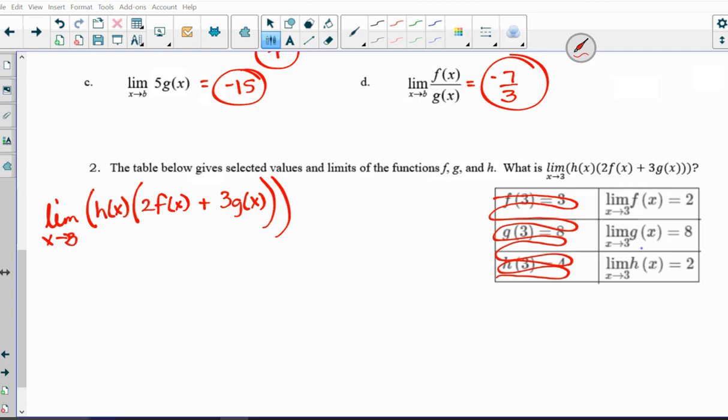Do I need those? No, you do not. Because you might think, do I just plug the 3 in? No, you evaluate the limit. It's not 32.